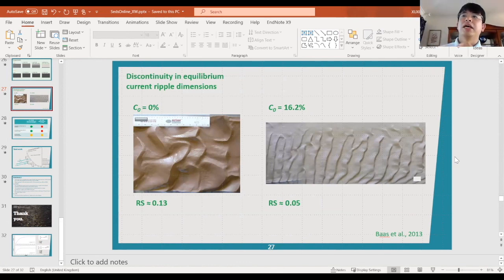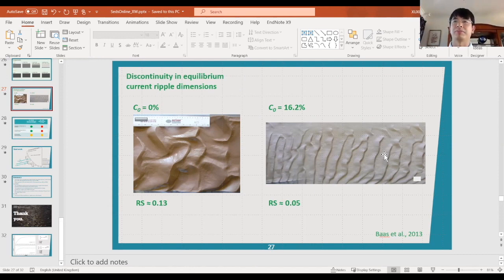So in Baas 2013, the current ripples look like the incipient stage of the pure sand current ripples, because in the incipient stage, the current ripples are two-dimensional. So that's why they look different from ours. In ours, the ripples look barchan shaped, a little bit like 3D, not like two-dimensional.